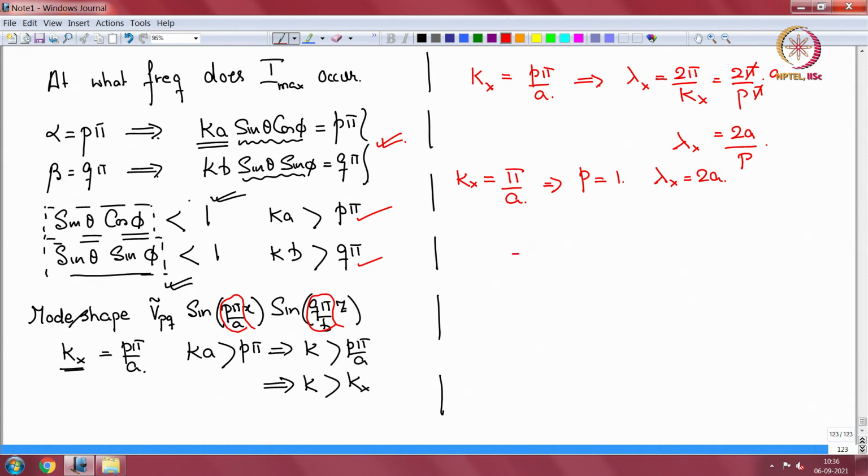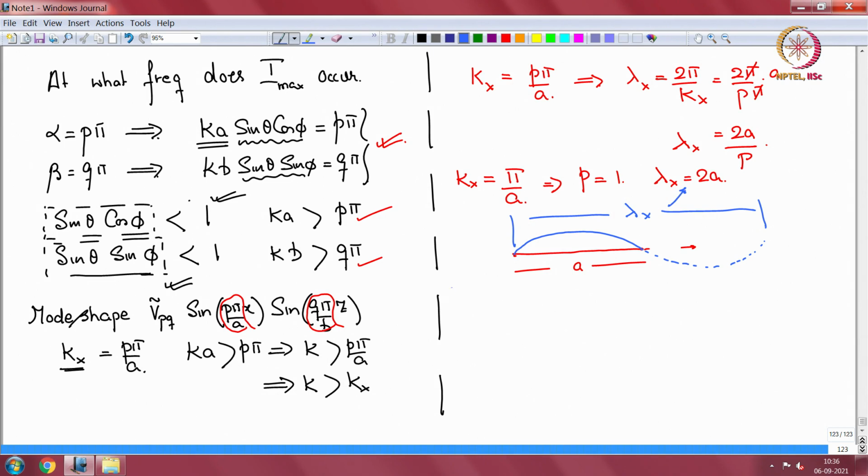So, this is my panel length along x direction, and p is 1, which would imply that this is how it looks like. This is p is 1. Why is that? Because lambda x is twice of a. So, if I extend the wavelength into the imaginary distance in x, so this happens to be my lambda x. So, lambda x is twice a.